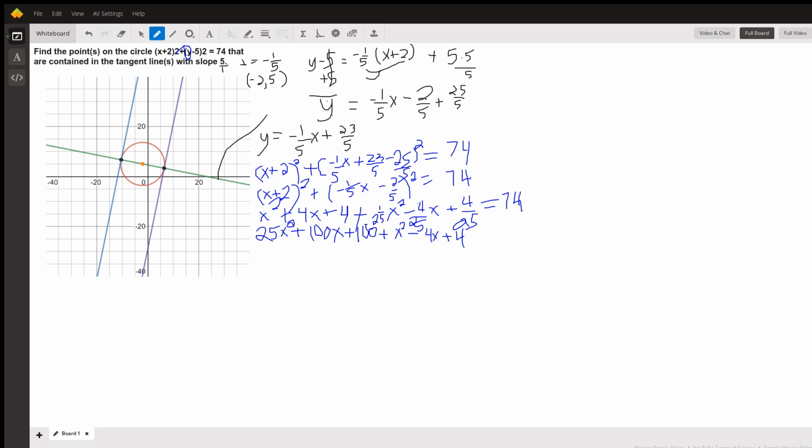And then I get a positive 2/5 x, I'm multiplying, so 2 over 25, and then a positive 2 over 25x, and then a positive 4 over 25. So this should be plus 4 over 25x. So this should be plus. Sorry, I skipped too many steps. And the whole thing equals 74.